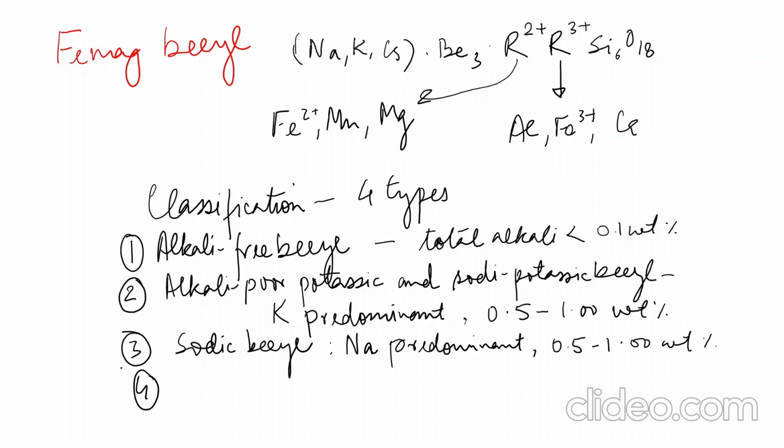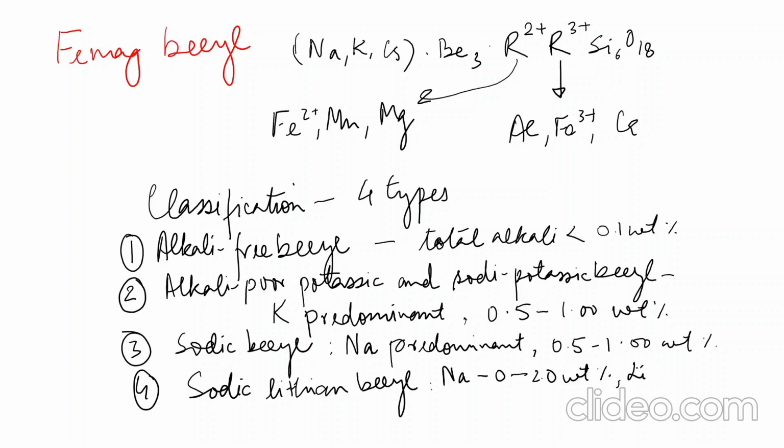And the fourth type of beryl is sodic lithium beryl. Again, here sodium will be between 0 to 2.0 weight percent, while lithium, the name is sodic lithium, so lithium will be less than 0.6 weight percent, while cesium here will be low.